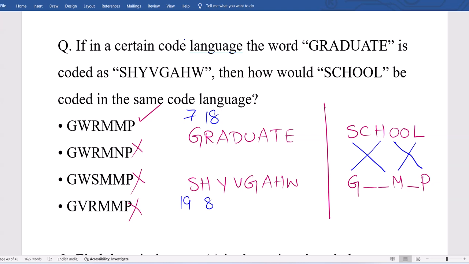L next letter. Here, as per the options, it's that fashion. Okay, let us see if there is any link in that way. Plus 12. No, in the options okay, but in the question, in graduate, E plus 1 or minus 1 is D or F. D and F are not there in the options.